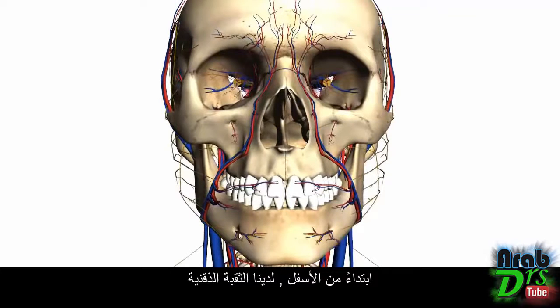starting inferiorly, we've got the mental foramina, and you can see these nerves and vessels emerging. You've got the mental nerves and the mental vessels that emerge from here. You've got these foramina just below the orbit, the infraorbital foramen, and you've got the infraorbital vessels and nerves that come out of here.